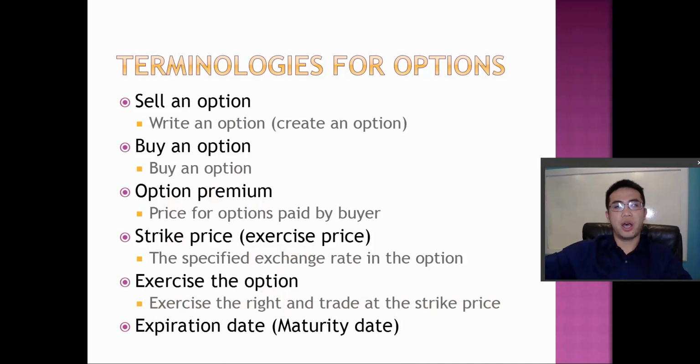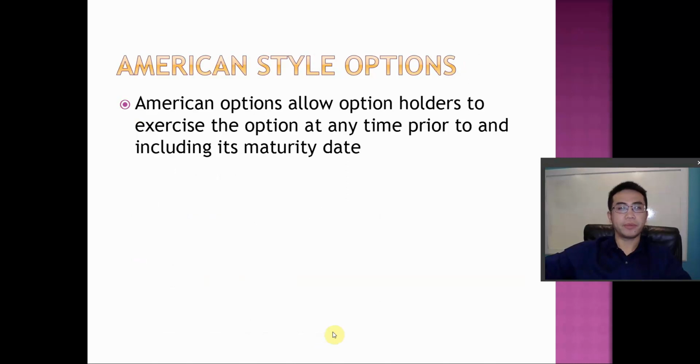And of course, an option contract is just like a futures contract. It has an expiration date. You can also call it maturity date. There are two styles of options. One style is called American options that allow option holders to exercise the option at any time prior to and including its maturity date.